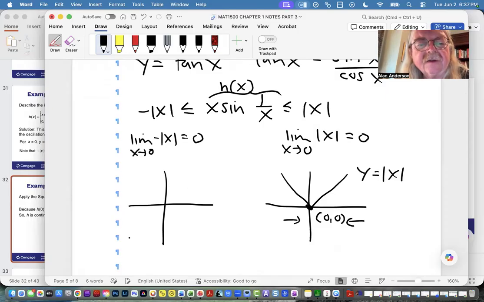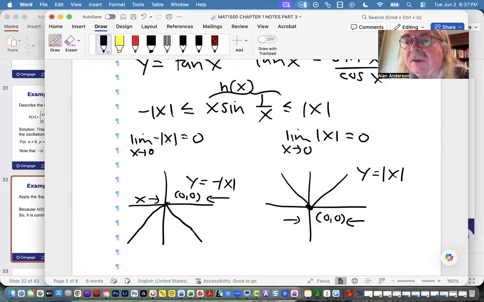Now, this is the negative version. All right, that's slightly better. And again, we have this point zero, zero. So as x approaches zero from either side, we're going to reach a limit of zero.